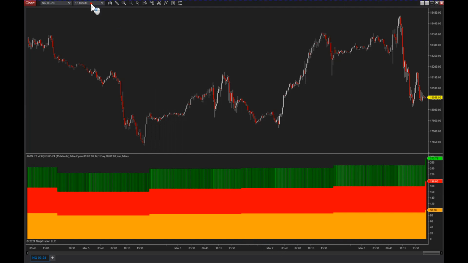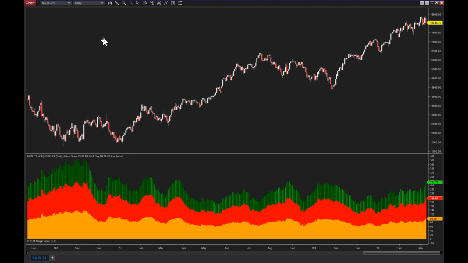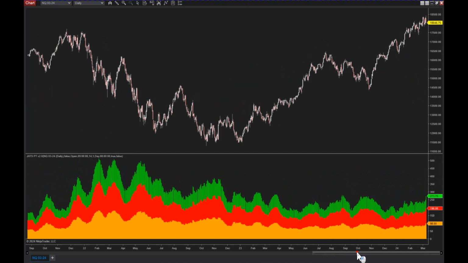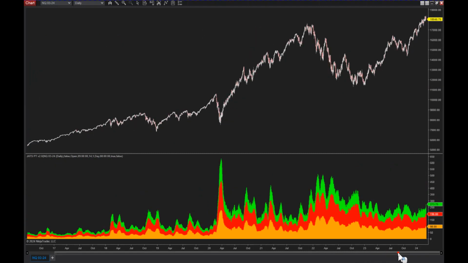I like to look at a daily bar when I do this. And same principle, the range will be expanding or contracting. And you can see that it can get here, we got up to 6 sigma.